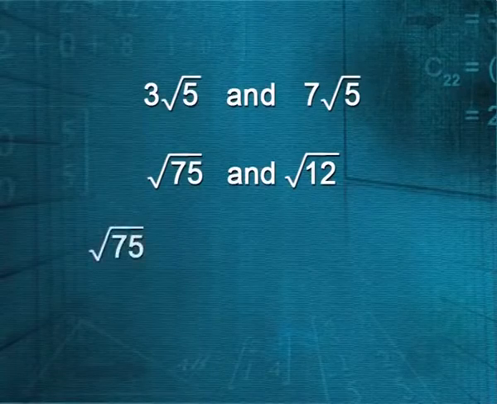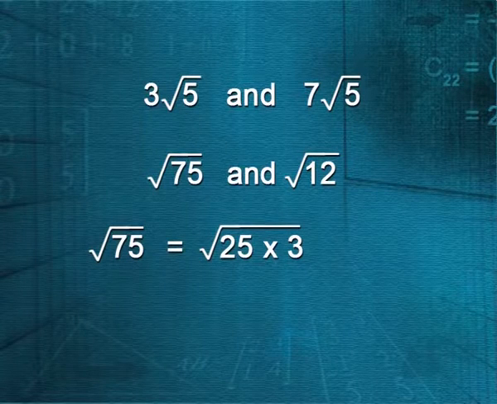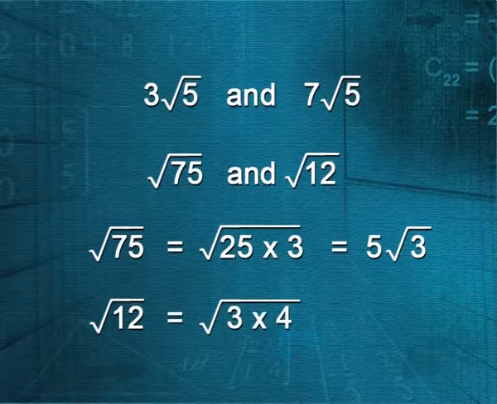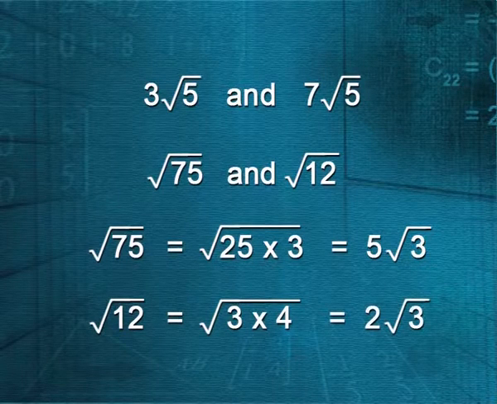Let us write 75 as 25 into 3. This under root 25 can be written as 5. Therefore, under root 25 into 3 is equal to 5 root 3, and under root 12 can be written as under root 4 into 3, and the square root of 4 is 2. Therefore, it is equal to 2 root 3.